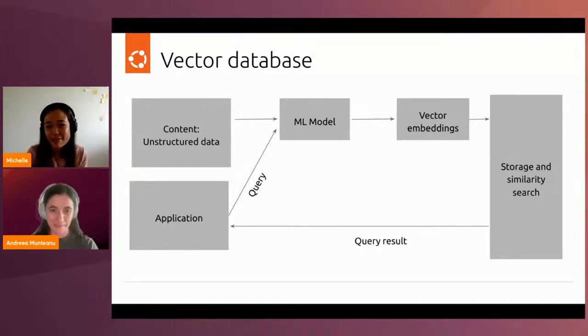You have a specific application where you query, show me a hamster, or you upload a photo of a hamster, and use a machine learning model. It embeds those content into a specific embedding, and then you have ways to store it, and you have ways to understand the information inside through similarity search.